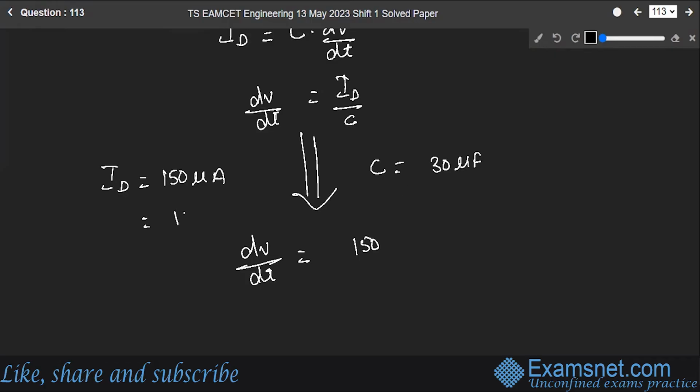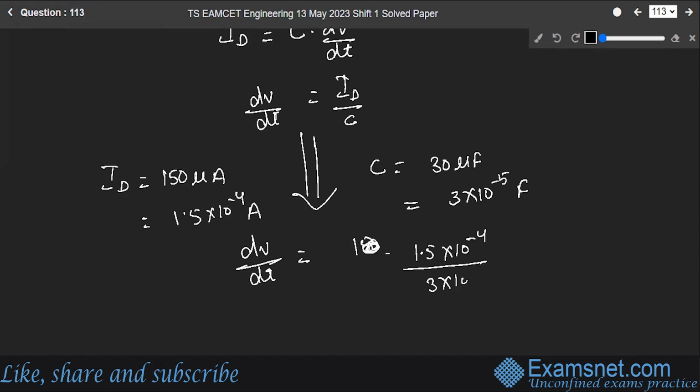This is equal to 1.5 into 10 raised to power minus 4 ampere, and this is equal to 3 into 10 raised to power minus 5 farad. So this is 1.5 into 10 raised to power minus 4 upon 3 into 10 raised to power minus 5, which is equal to 5 volt per second. So this is the answer to the question, and let's check with the options now.